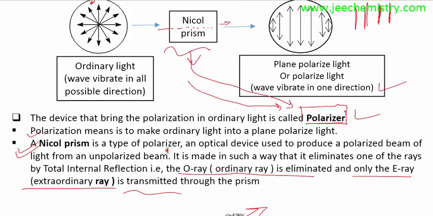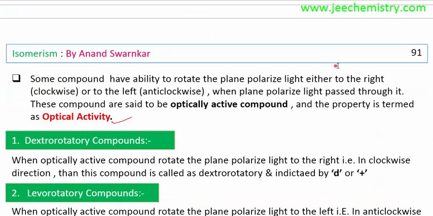After getting plane polarized light, it vibrates in only one direction, in one plane. Generally we represent this in the vertical direction, as the standard.